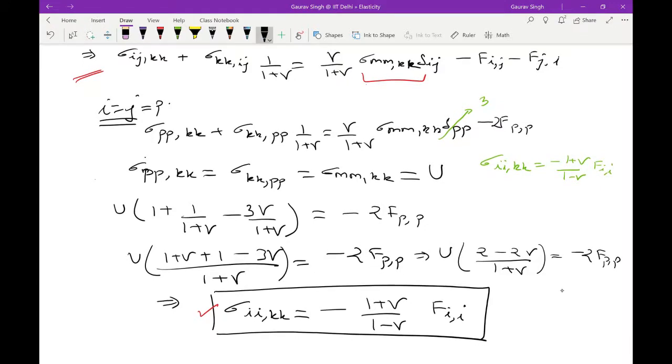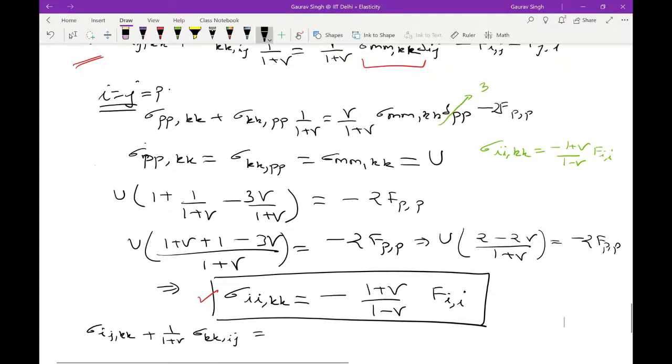It would be sigma ij comma kk plus 1 by 1 plus nu sigma kk comma ij is equal to sigma comma kk, which should be minus 1 plus nu by 1 minus nu f m comma m.